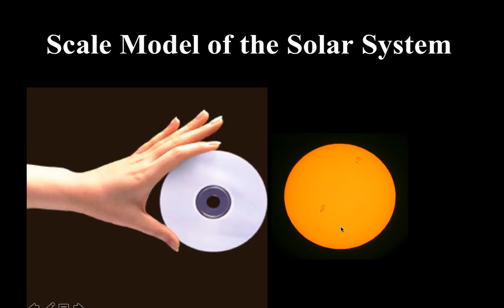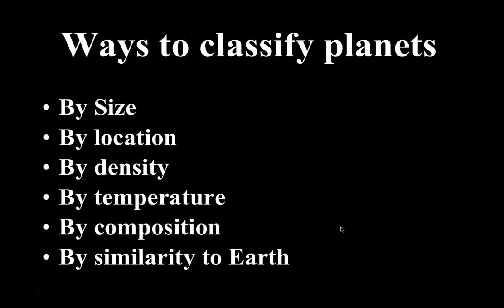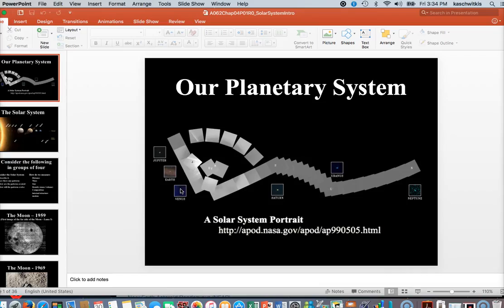Most of the stuff is in the plane of the orbits. Now the next thing to classify the planets is to look at the temperature, and that's the next step in this.